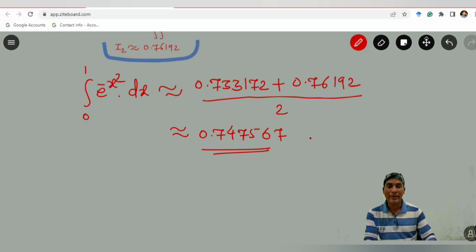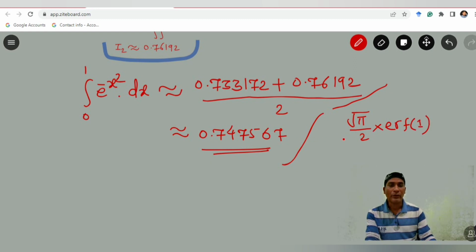So this is our approximation to the integral of the Gaussian function from 0 to 1, and I think this is a better approximation because this approximated value is very close to the exact value. The exact value is given by square root of pi over 2 into the value of the error function at 1.